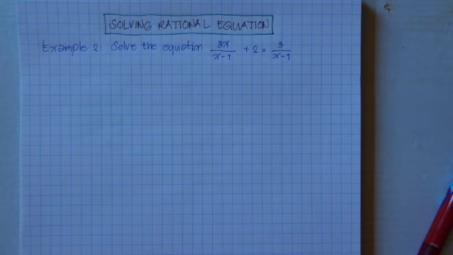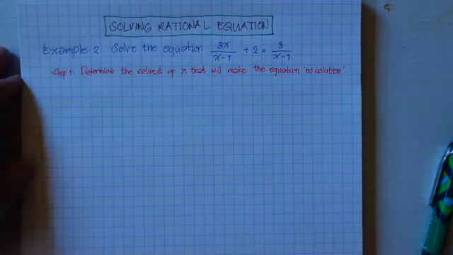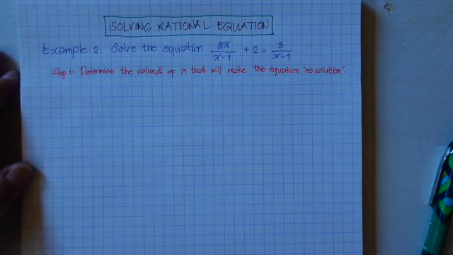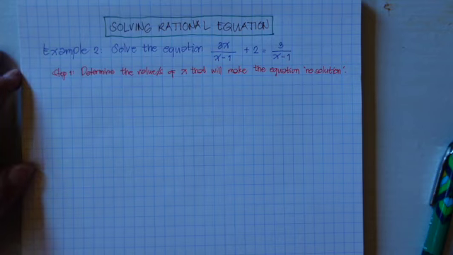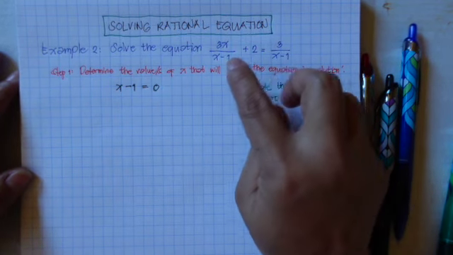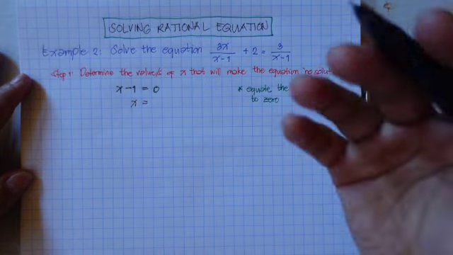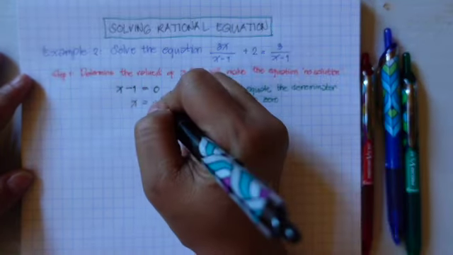And now let's have example number 2. The condition is not given. So the first step is to determine the value or values of x that will make the equation no solution or undefined. So we will equate our denominator to 0, and remember, transposing will switch the sign of the number.